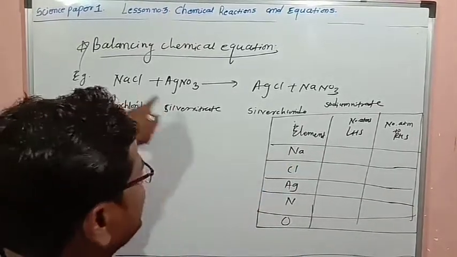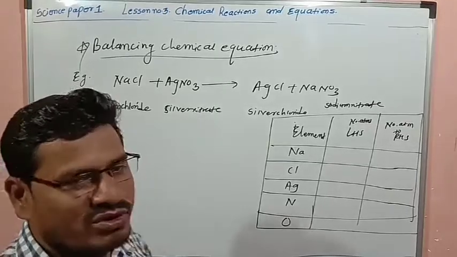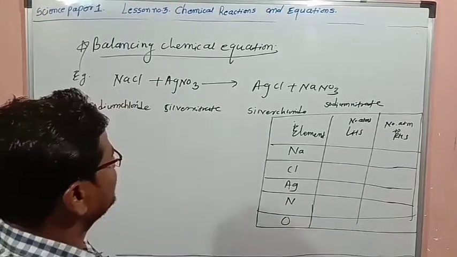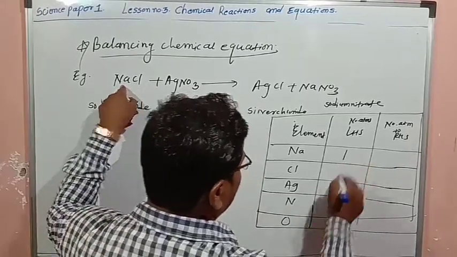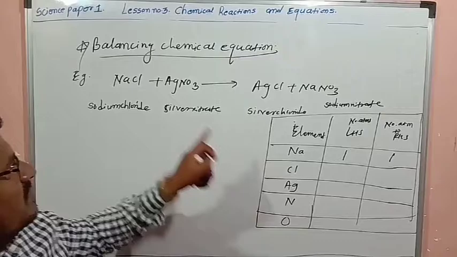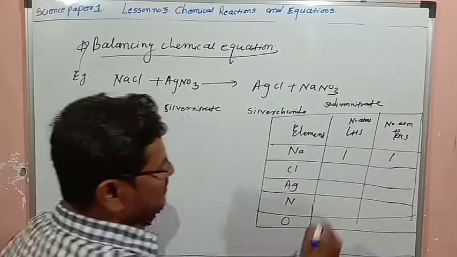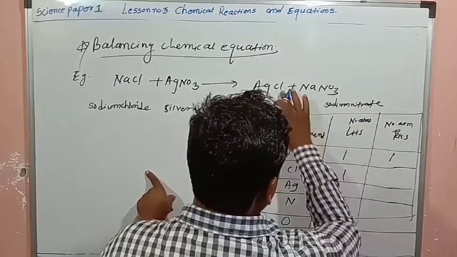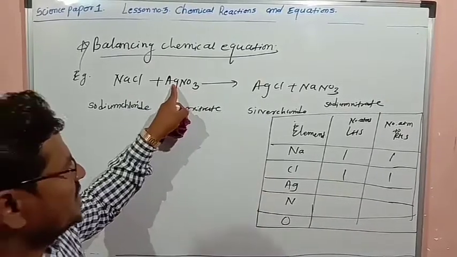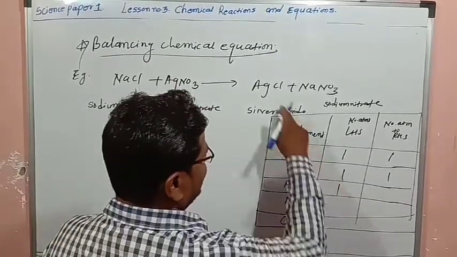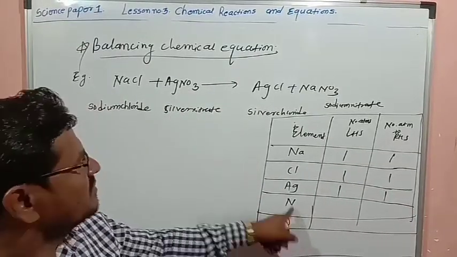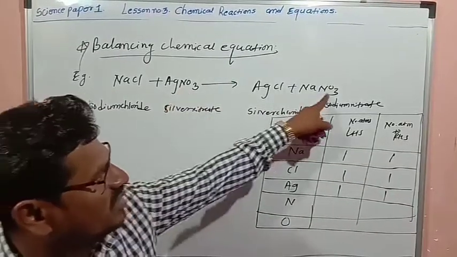So these are the atoms of the elements. If you count the number of atoms of sodium, LHS only one is there, sodium 1, RHS sodium 1. Chlorine to the LHS is 1, to the RHS chlorine is 1. Silver to the LHS Ag 1, here also 1. Nitrogen to the LHS 1, to the RHS also 1.